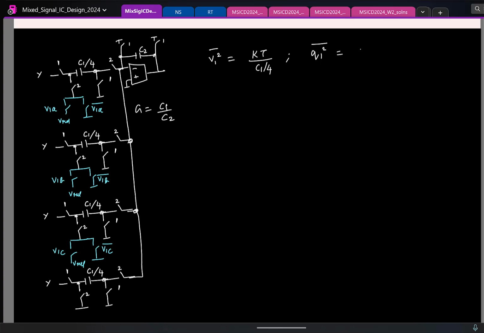Remember that if I know the voltage, the charge is basically this times C1 by 4, squared, so this will give you KT C1 by 4, right? Now similarly, what can you say about the noise sampled across these capacitors? They'll all have the same variance, but they're not equal, right? They are completely different quantities, just that their mean squared values are the same.